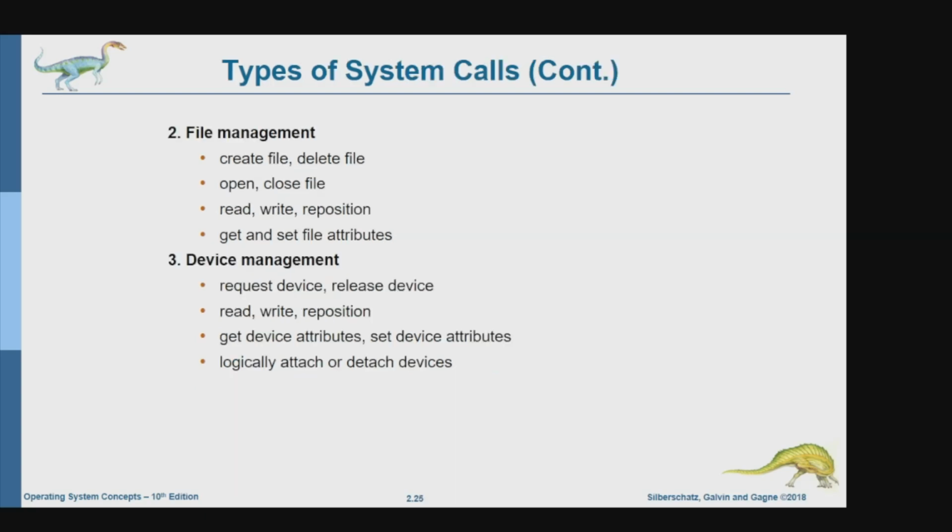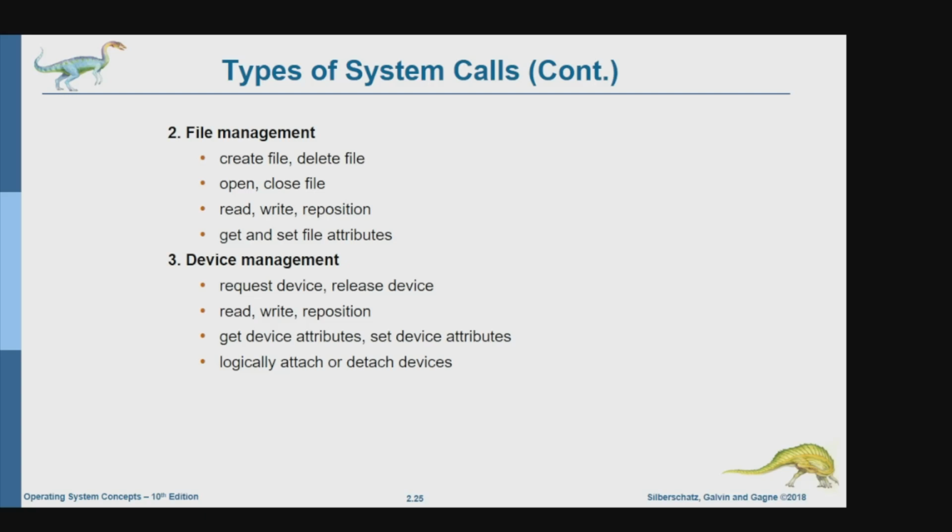The second part is file management. It's used to create a file, delete a file, open, close, read, write, reposition the file, and get and set file attributes. Third is device management. Using this type of system call, you can make a request for a device that we have on the computer.